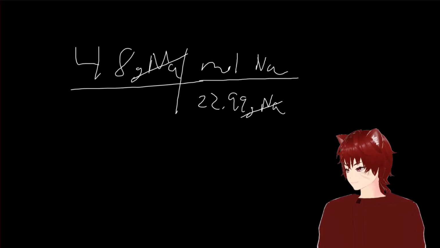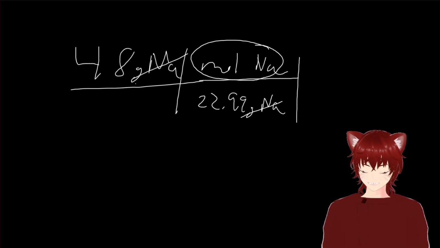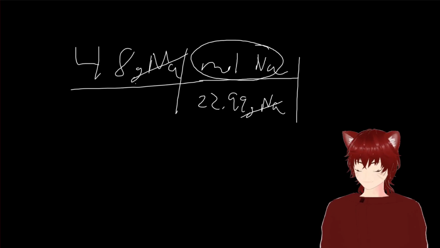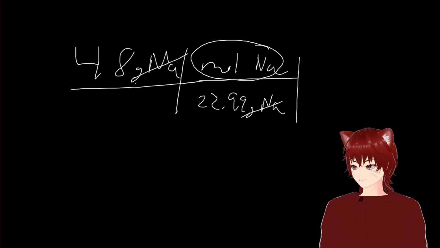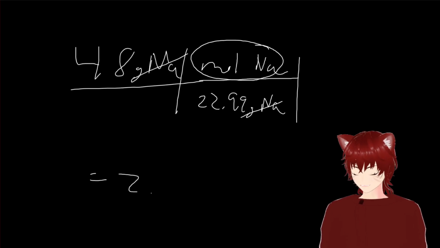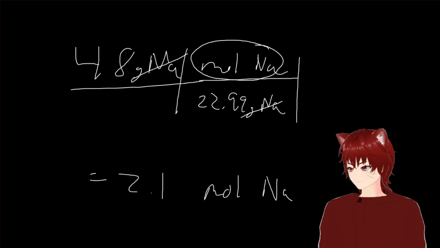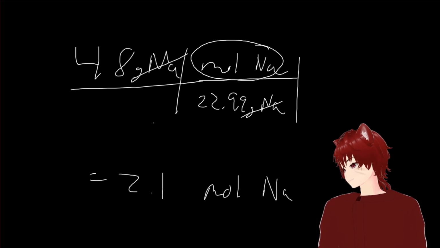Cancel these labels since they're divided by each other, and get our final label of moles, which is what we want. And now we can do 48 divided by 22.99, which gives us our final answer of 2.1 moles of sodium, rounded to our 2 significant figures.